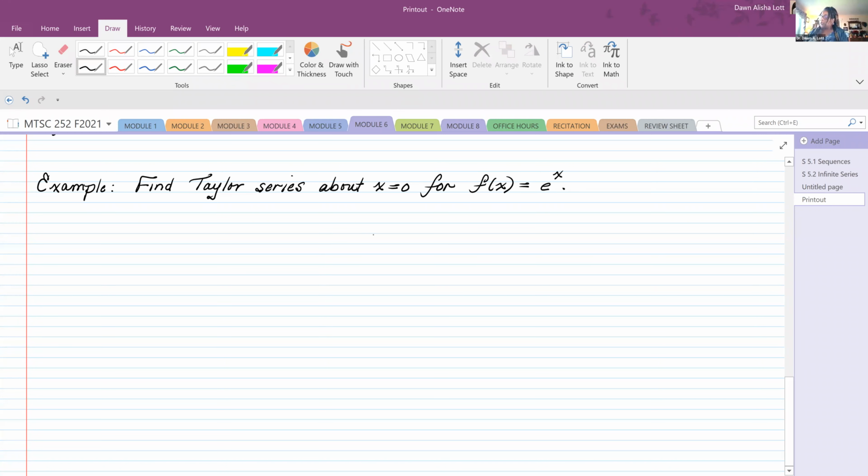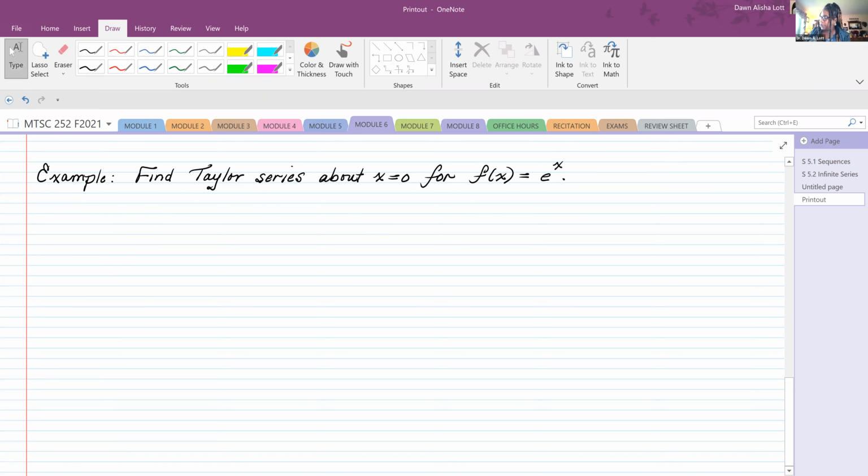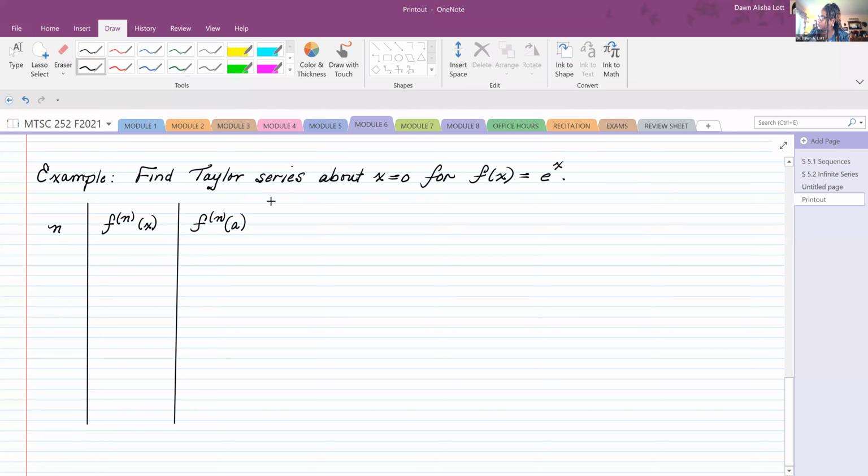So you are going to make a table. The first column of the table will be n. The next column of the table will be the nth derivative at x. The next column will be the nth derivative evaluated at whatever a you've chosen.